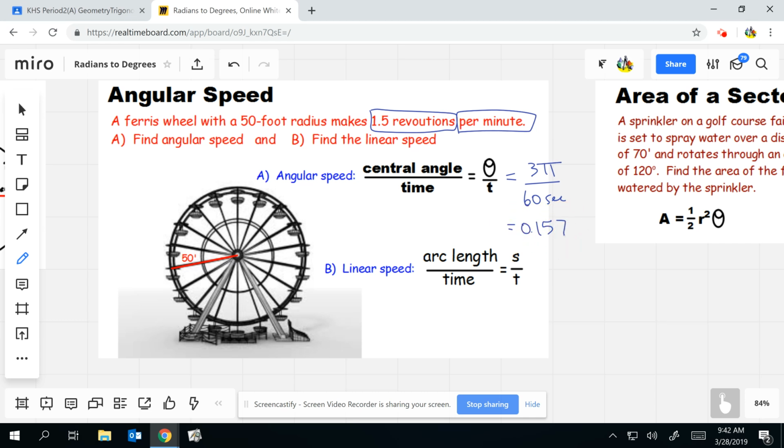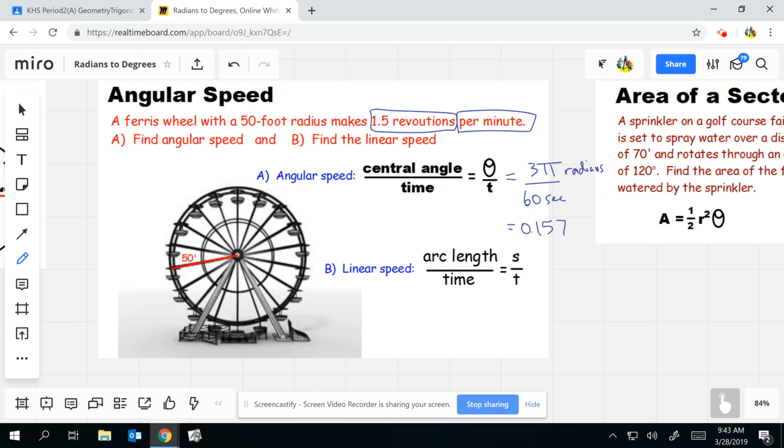But that doesn't do you any good unless you know what that means. 0.157 what? 3 pi is radians.